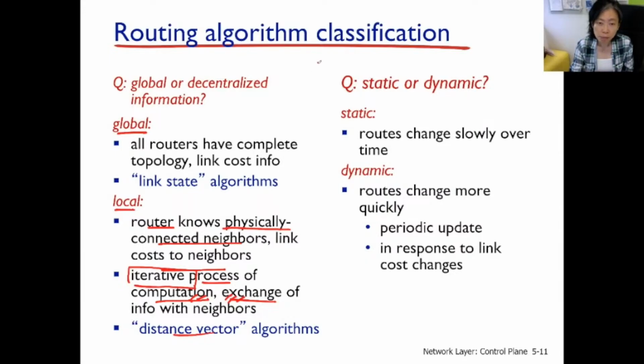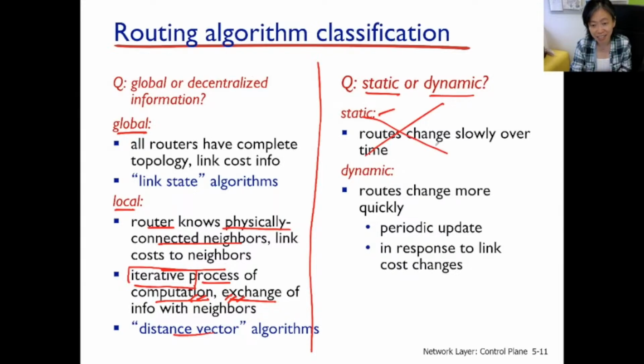Now, another way of classifying the routing algorithms is by judging how the routes are being updated. Static routing is not updating the routes. So this is only for a network that is not changing frequently, and we know that this kind of network doesn't really exist these days. So all the routing algorithms that we're introducing are working this way, dynamic.